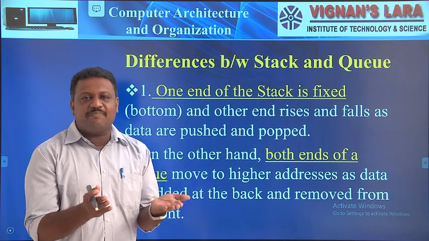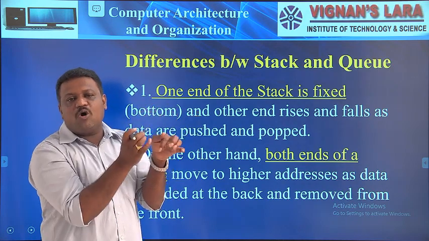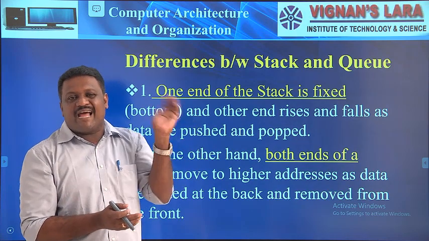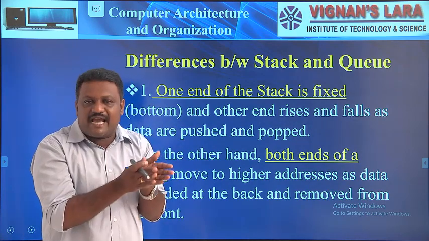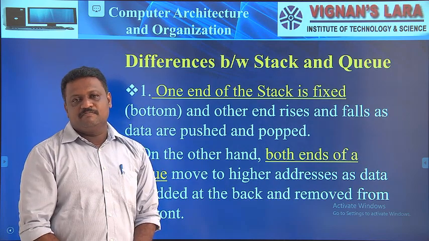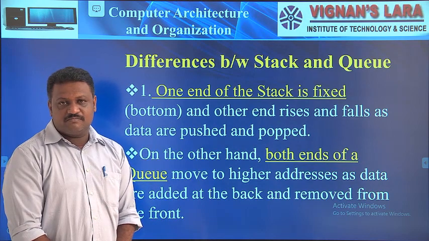No data transaction happens at that end. Only at the other end was data added or retrieved. The end where we add or retrieve data from a stack, we consider as the top of the stack. That's why I am saying one end of the stack is fixed.